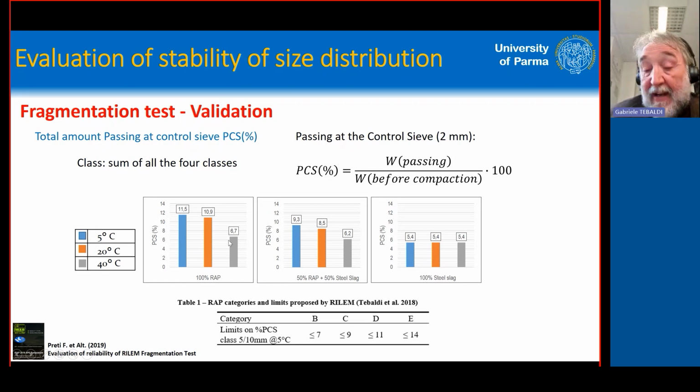It means that the test is really capable of identifying changes in the stability of the size distribution, because if you compact steel slag, there is almost no change before and after compaction, as it is too stiff. But if you compact a different kind of RAP, the value changes in relation to the amount of agglomerate.